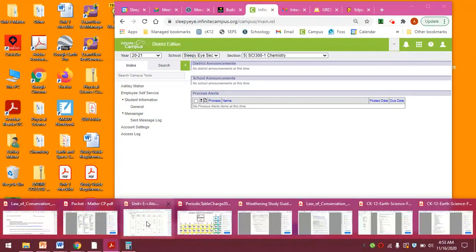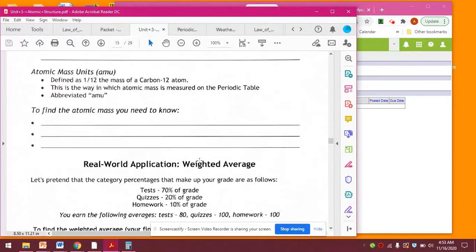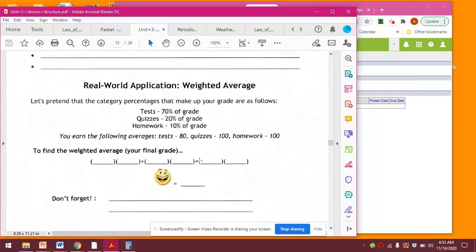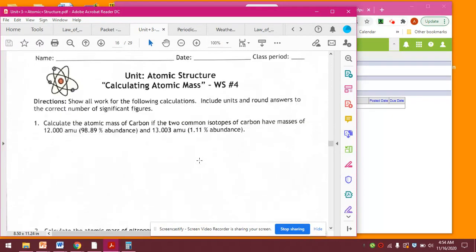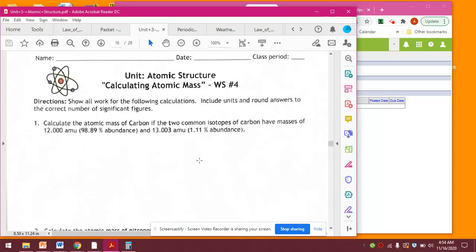So let me show you what I'm talking about here. This was the page that you just filled out right here. And then it goes right to the worksheet number 4, but there is another page that goes in between numbers 15 and 16. There should be another page of notes that we have to take.